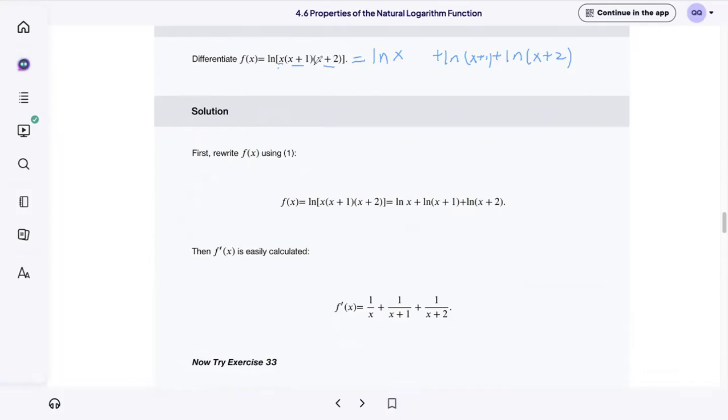Each one takes a log. Then we differentiate. This one gives us 1 over x, this one gives us 1 over x plus 1, since the derivative of x plus 1 is just 1 and doesn't change anything. The same for this, 1 over x plus 2. That's it, that's the derivative. You see how important it is to use the properties of logs?